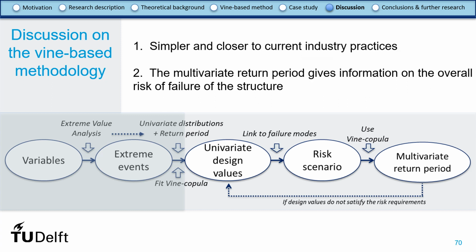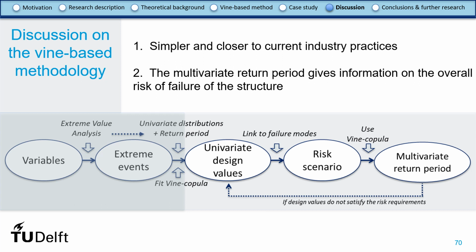My answer to the first point is that by imposing the design values based on their univariate return periods, I'm proposing an approach that is simpler and closer to current industry practices, but still presents the added value of the multivariate return periods of the combination of univariate design values.